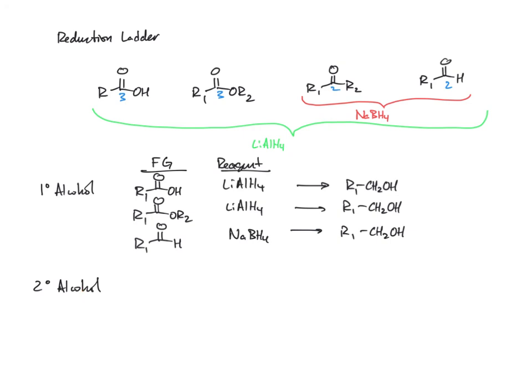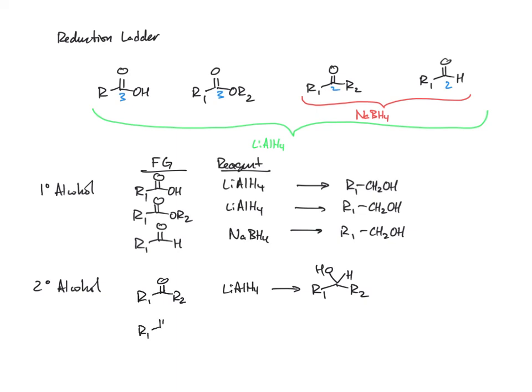Secondary alcohols can only come from ketones because those are the ones that have 2 carbon groups attached. So R1, carbonyl, R2, LiAlH4. So we would get R1, HOH, R2.